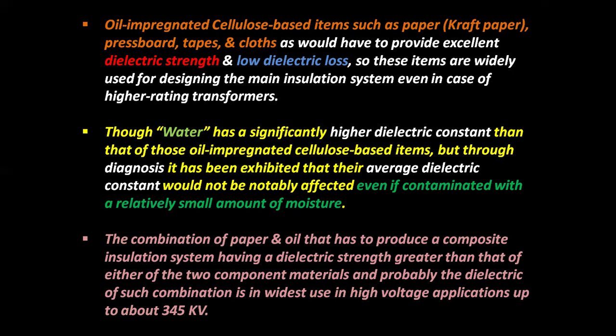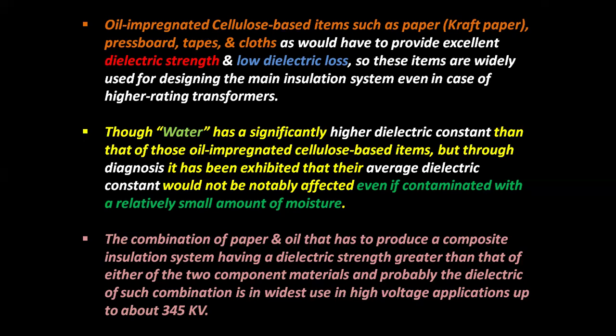Though water has a significantly higher dielectric constant than that of those oil impregnated cellulose based items, through diagnosis it has been exhibited that their average dielectric constant would not be notably affected even if contaminated with a relatively small amount of moisture.